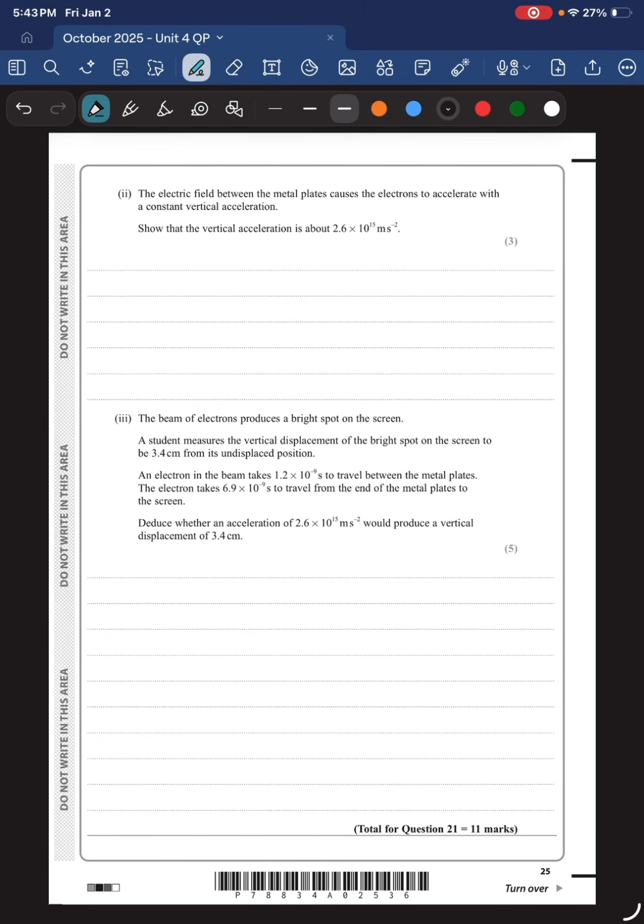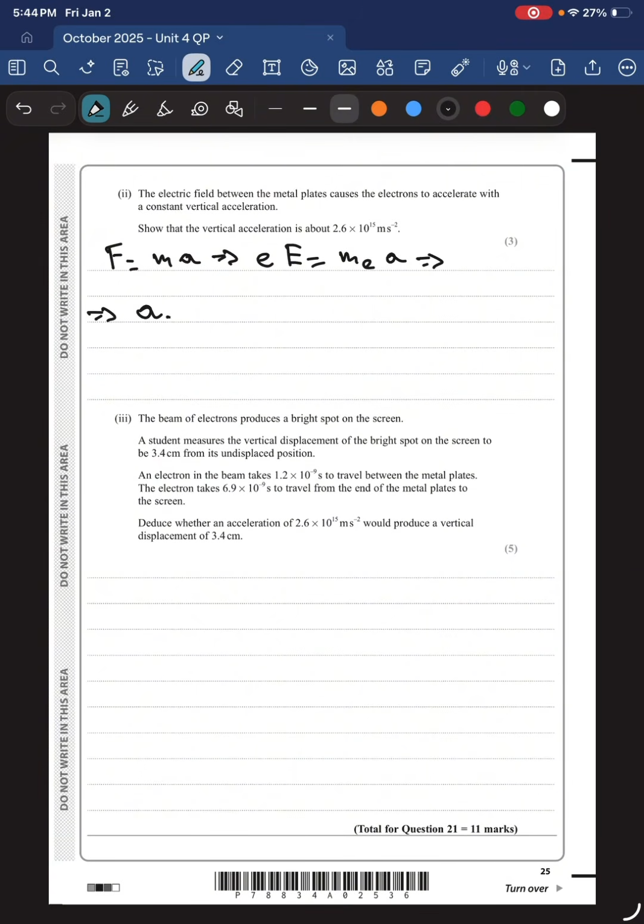Question 2. The electric field between the metal plates causes the electrons to accelerate with a constant vertical acceleration. Show that the vertical acceleration is 2.6 times 10 to the 15 meters per second squared. So F is equal to ma. The force on the electrons is e times the electric field, and this should be equal to m, the mass of one electron, times the acceleration.